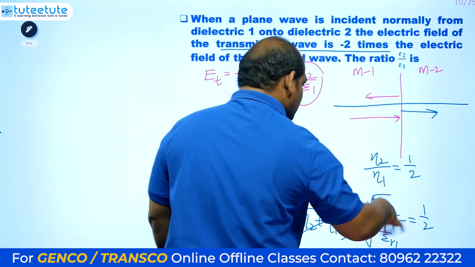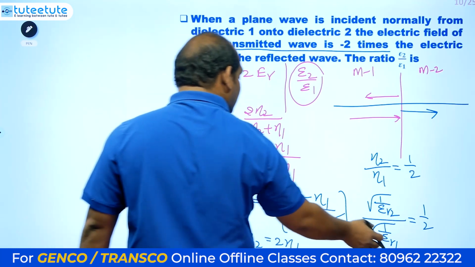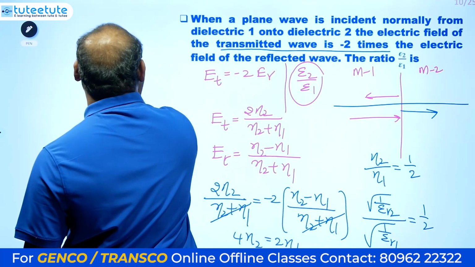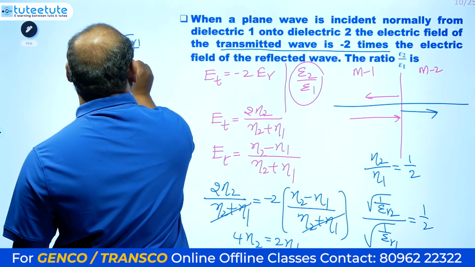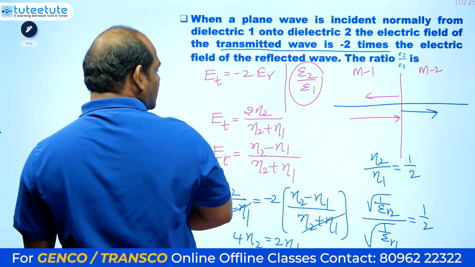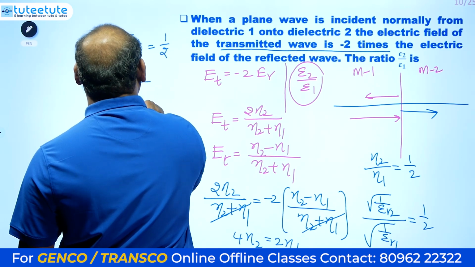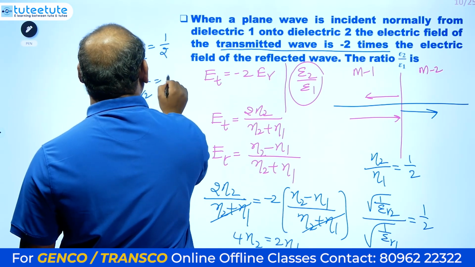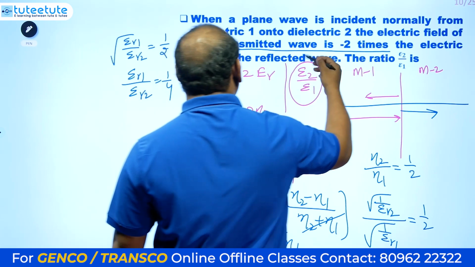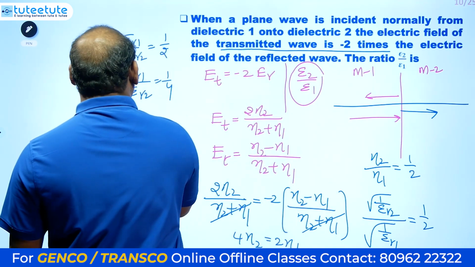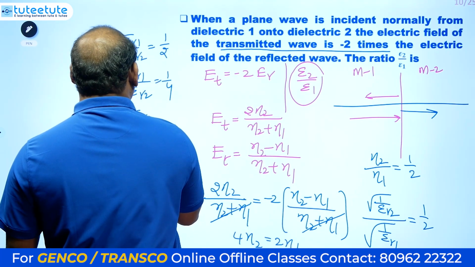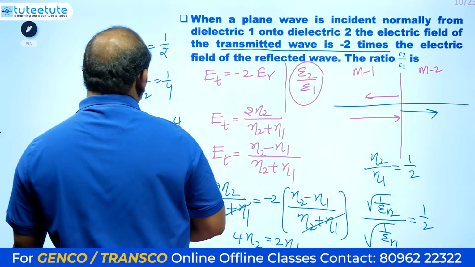Sending epsilon r1 to the numerator, you get epsilon r1 by epsilon r2 is equal to 1 by 2. If you square this, epsilon r1 by epsilon r2 is equal to 1 by 4. But they asked the reverse. So epsilon r2 by epsilon r1 is equal to 4.